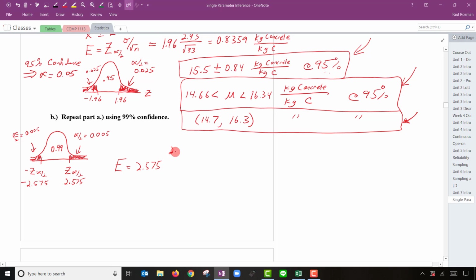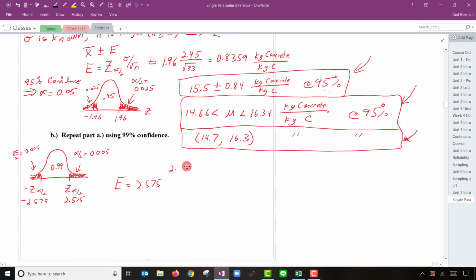And our sigma was 2.45. And our n didn't change. We're just constructing a 99% confidence interval for the exact same data. We get 1.098 kilograms of concrete per kilogram of carbon consumed in the process.